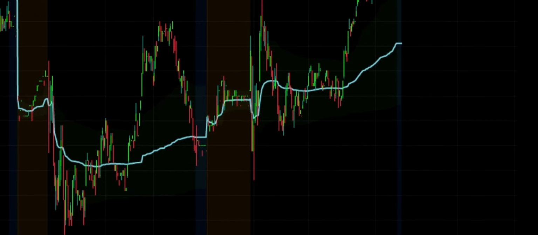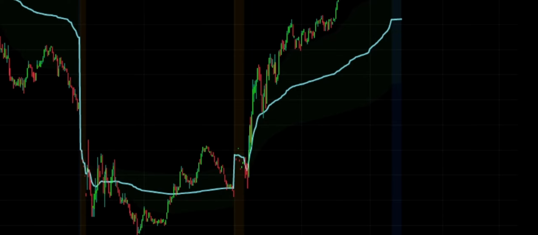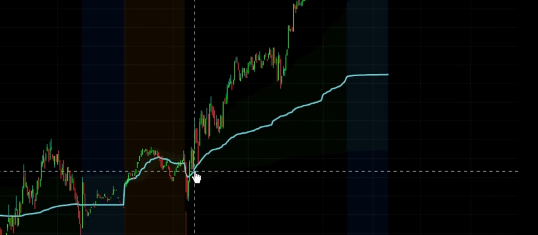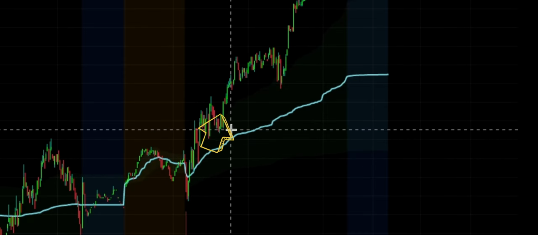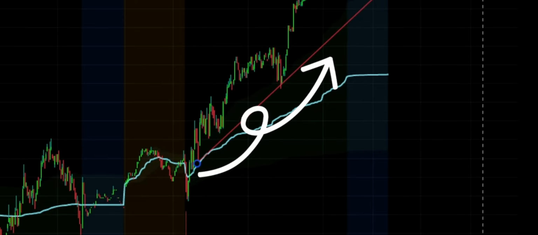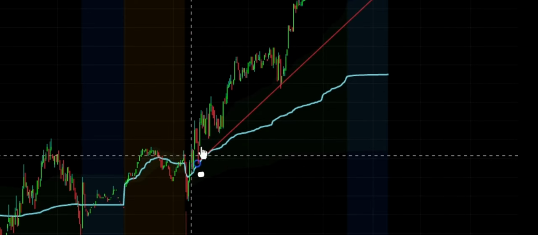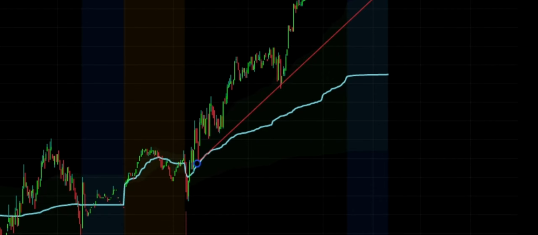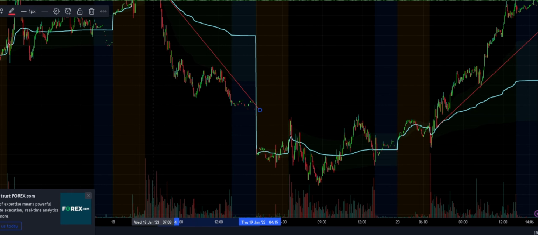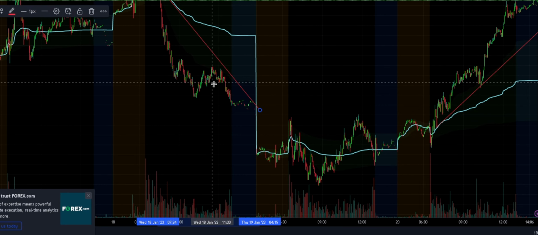But as you can see, every time the price goes above the VWAP, the direction of the trend is basically bullish, right? It's going up. And every time it goes below, like here, it broke below VWAP and started going into a downtrend.